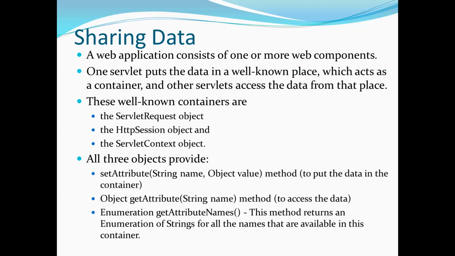So how to share the data in a web application? To share data, there are three levels, or we can say there are three scopes defined in which you can put the data, and that data could be accessible.